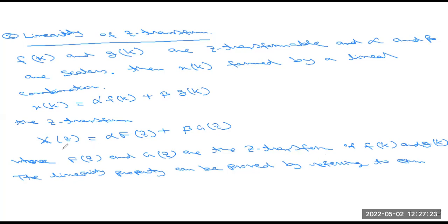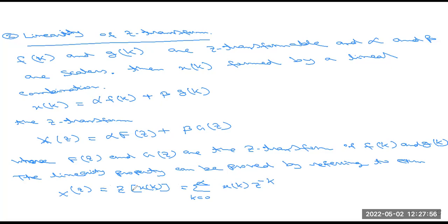So what was equation 2? Anyone, please tell. That is equation 2: X of z is equal to the Z transform of x of k, and we write this as the summation of k equal to 0 to infinity of x of k z to the power minus k.